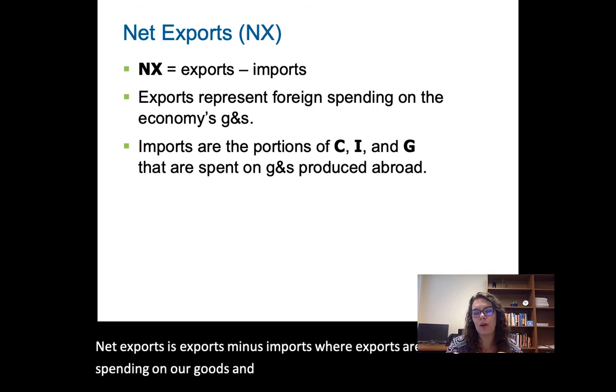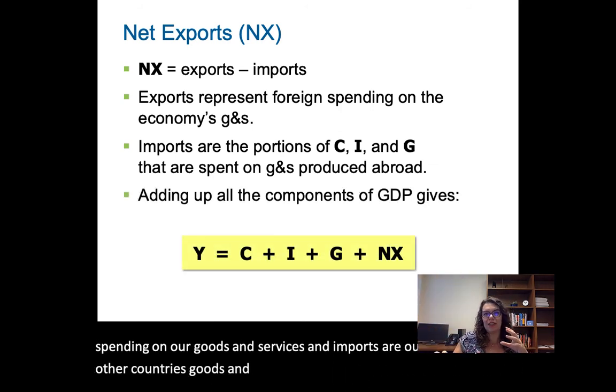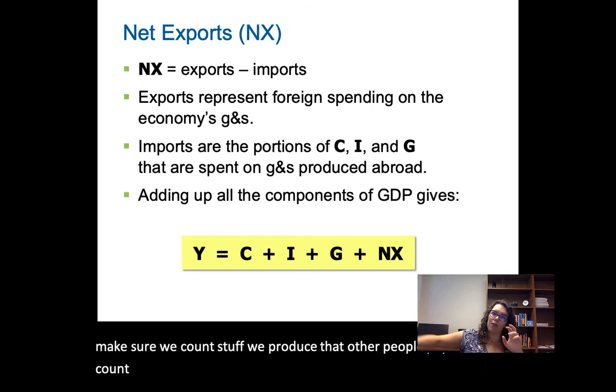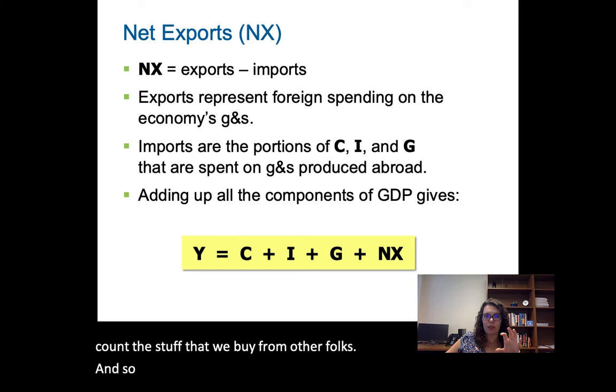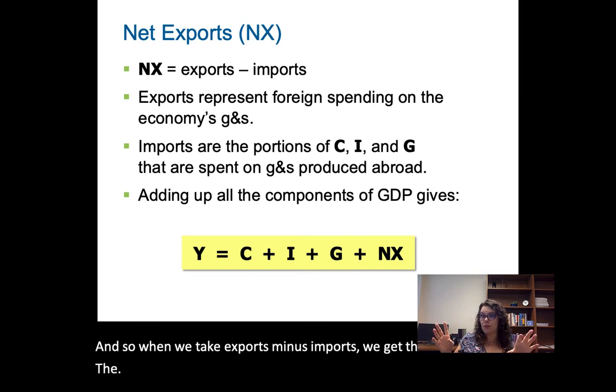Net exports is exports minus imports, where exports are foreign spending on our goods and services, and imports are our consumption of other countries' goods and services. And the idea here is we want to make sure we count stuff we produce that other people pay for, but not count the stuff that we buy from other folks. And so when we take exports minus imports, we get the value of the domestically bought and sold goods.